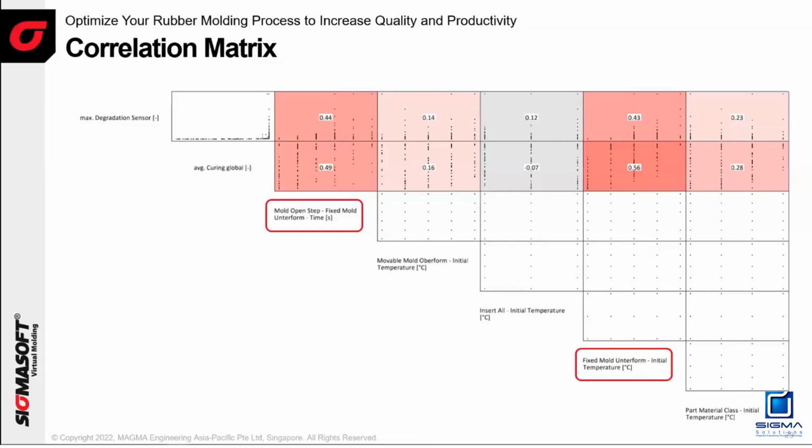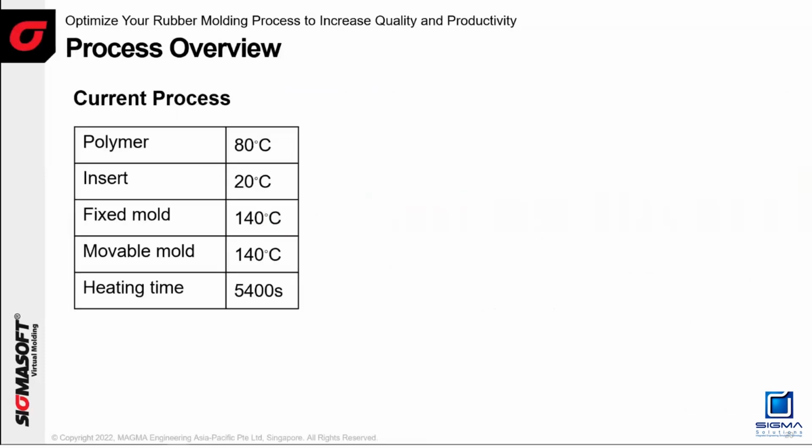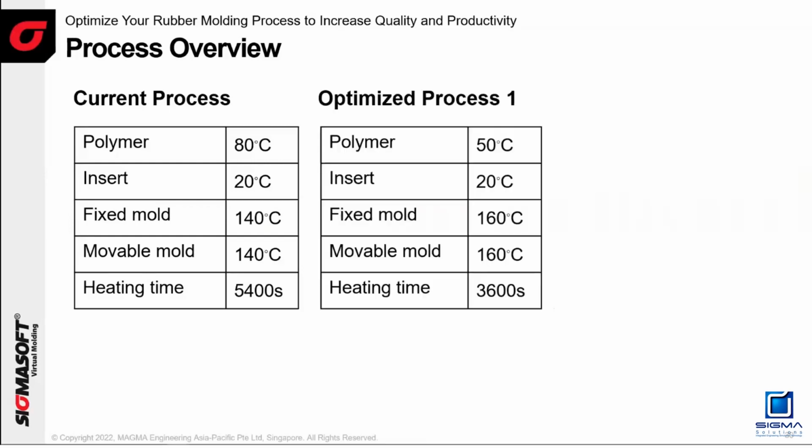So let's go back and compare with the current process parameters. If you want to achieve a better or moderate process, you can use the optimized parameters, which have changes in the rubber temperature and also in the mold temperature.